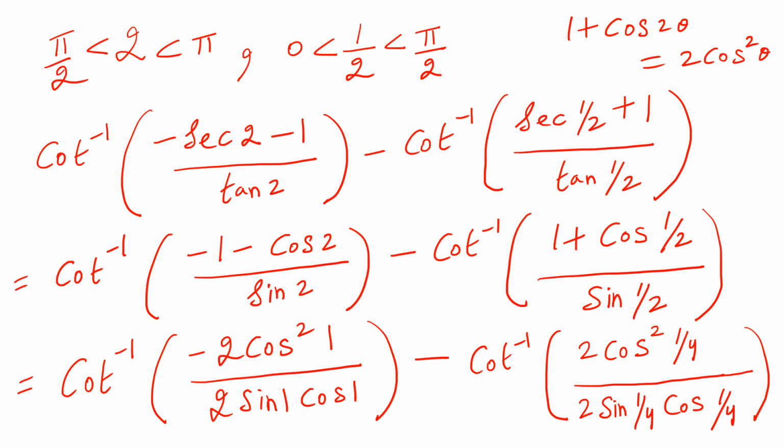Now students, clearly you can see that cos 1 and cos 1 will cancel in the first bracket and cos 1 upon 4 and cos 1 upon 4 will cancel in the second bracket. And this 2 goes away with this 2 and this 2 also goes away with this 2. Now we move further.